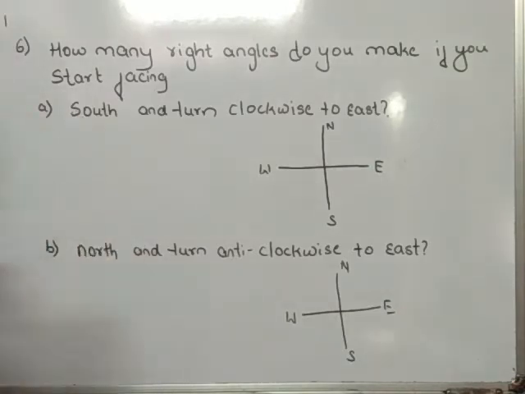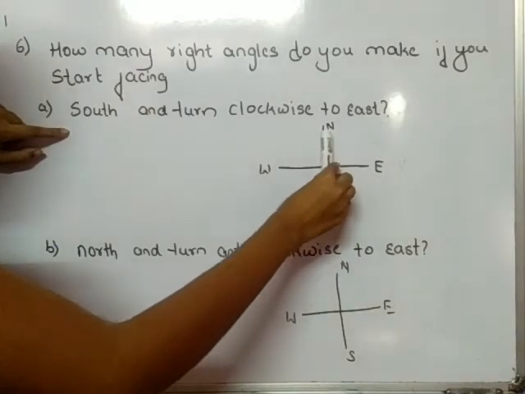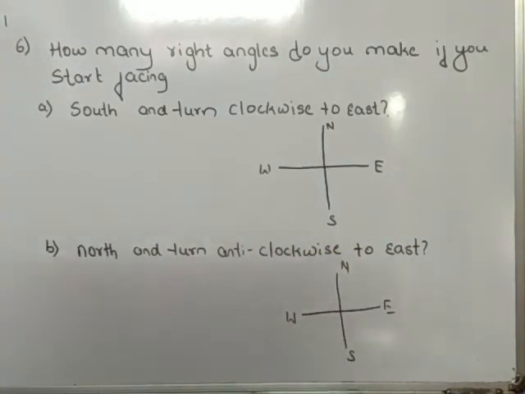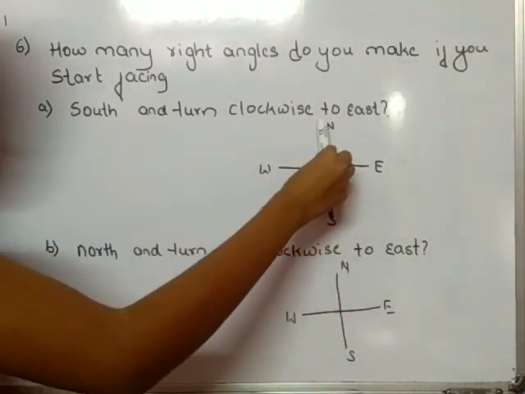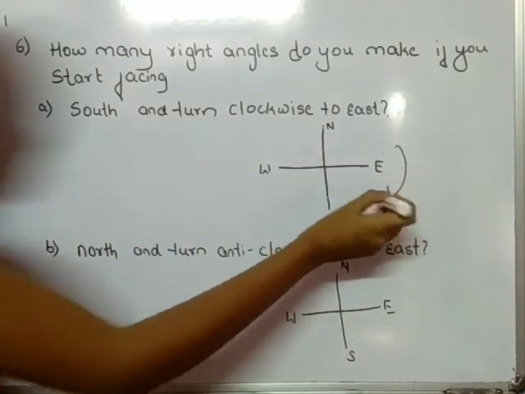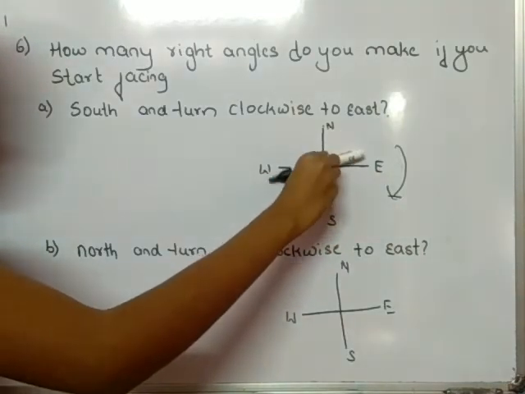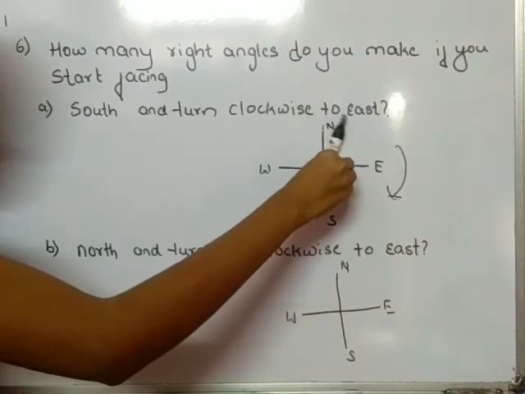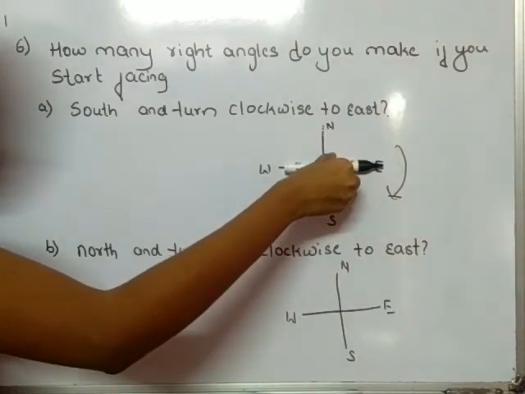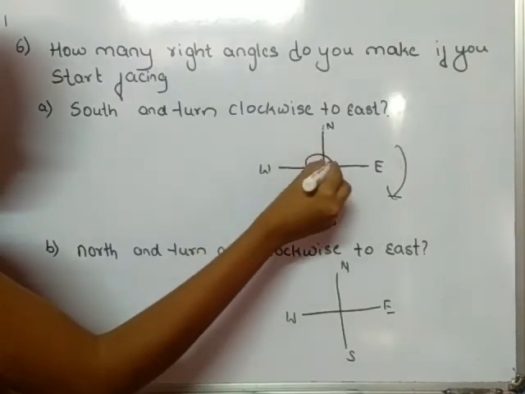Here they are asking how many right angles can be formed when this point is facing towards the south, right? And after turning in a clockwise direction, in this direction, now it is facing towards the east, isn't it?